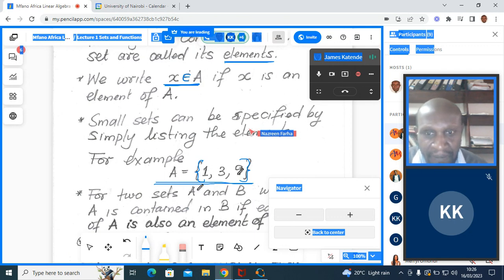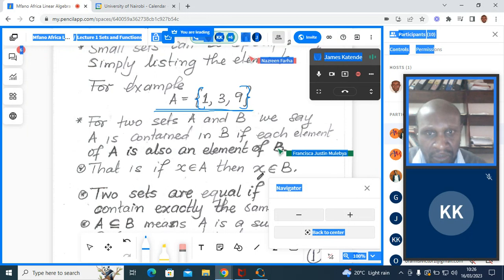It's not just numbers, but this is an example where the objects in the set are numbers. If it's a simple set with a few elements, it's quite easy to represent. You just list the elements in the set, separated by commas, and on the sides you put the curly brackets. These curly brackets are a notation for representing a set. We shall encounter it a lot as we go along.